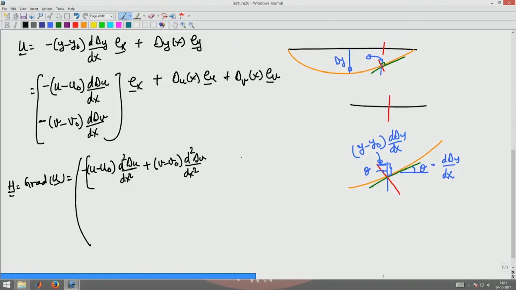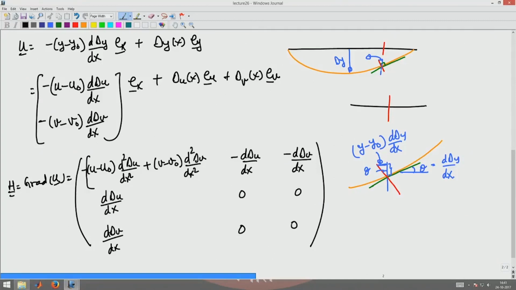And then it is going to be minus d delta u by dx minus d delta v by dx. Here it is going to be d delta u by dx, d delta v by dx, 0 0 0 0, okay. That is the gradient of displacement field, okay.